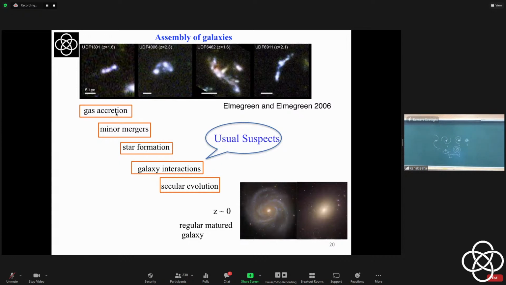So overall, there is the element of what physics actually governs there. So it could be the accretion of gas. As galaxies form from this clumpy phase, maybe they would accrete a lot of gas. They may merge with another small galaxy, small clumps merging with the bigger one.